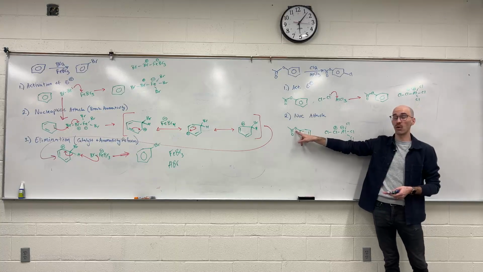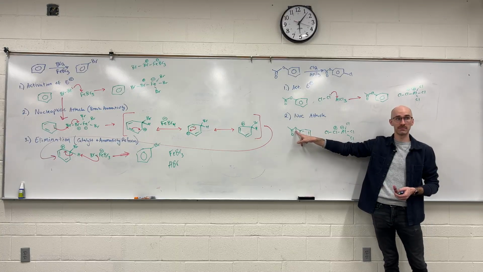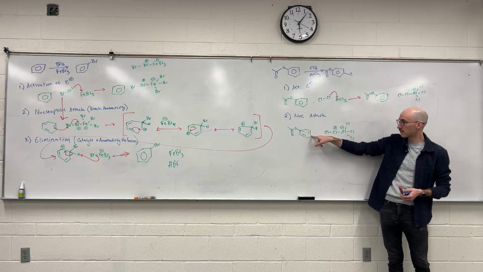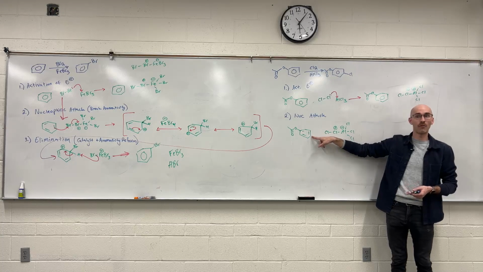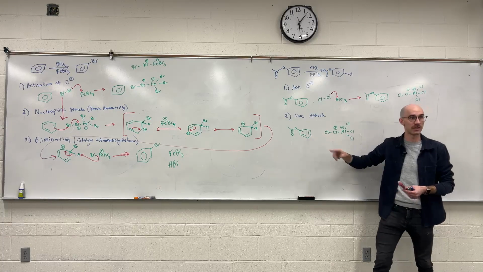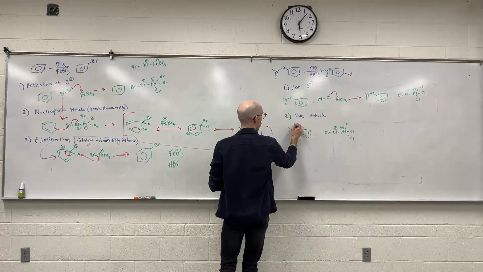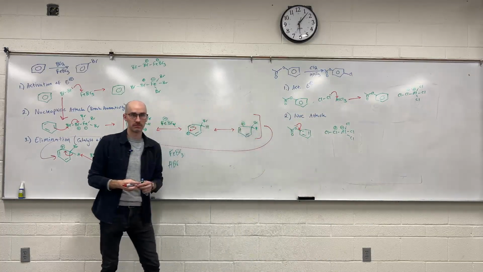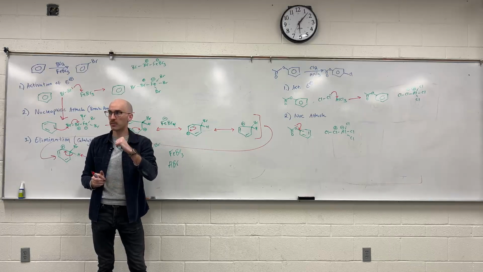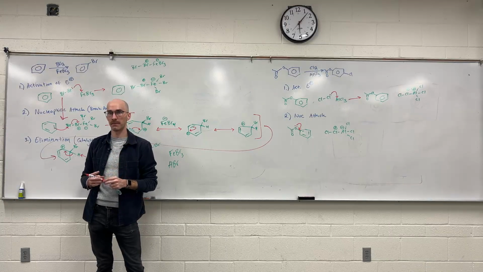This oxygen is ortho-para directing, which means it's going to help force that para position to attack. Oxygen donates its lone pair to form a double bond. That's going to break the octet of the carbon in the ring.